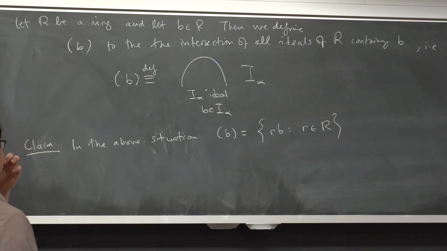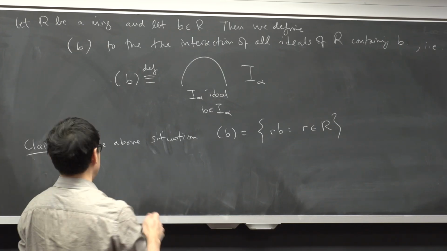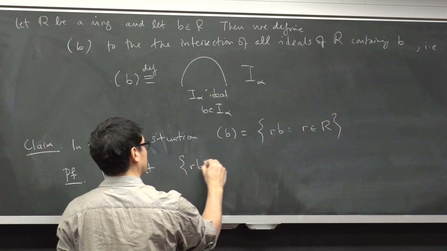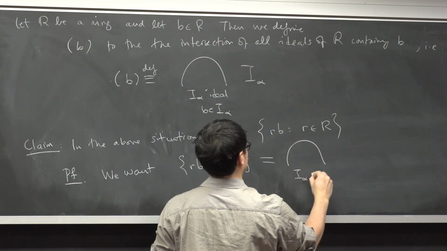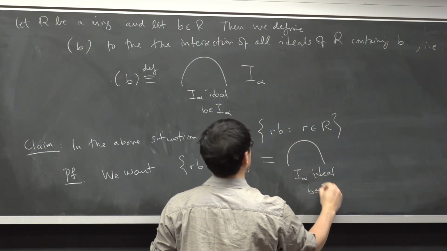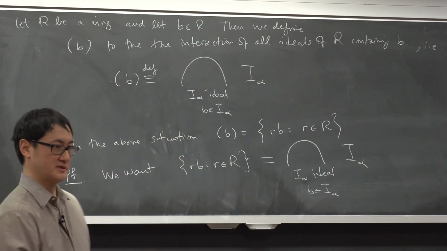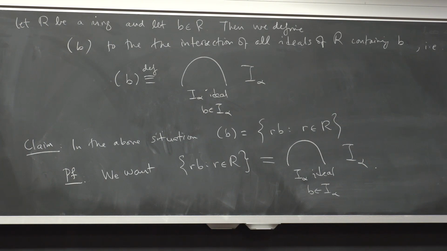R multiples of B. So what I'm interested in showing is that (B) is equal to the set of all RB with R in R. That's what we're interested in. Same idea. Let's just make sure that we know how to do this. So let's go this direction first.